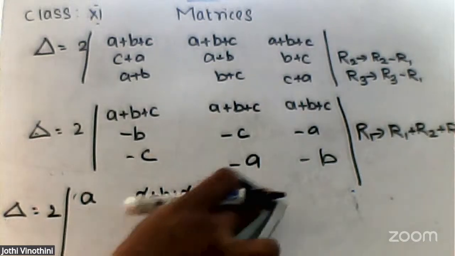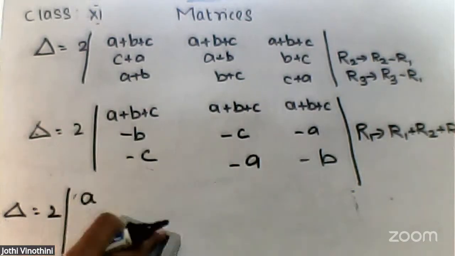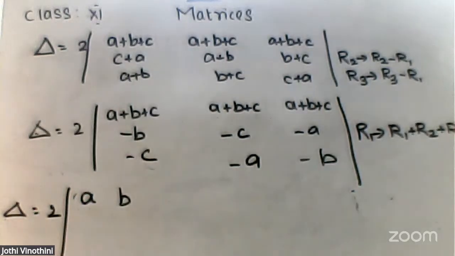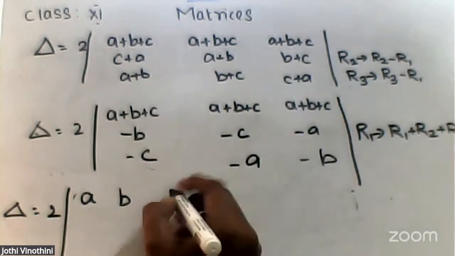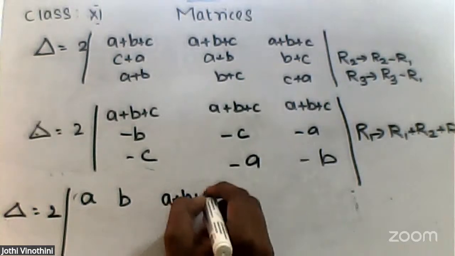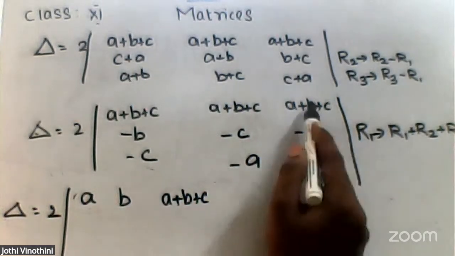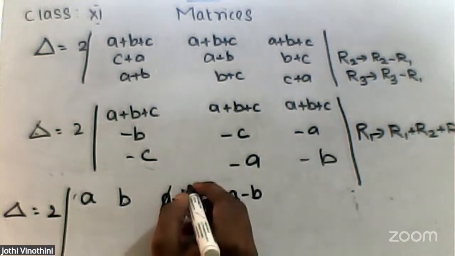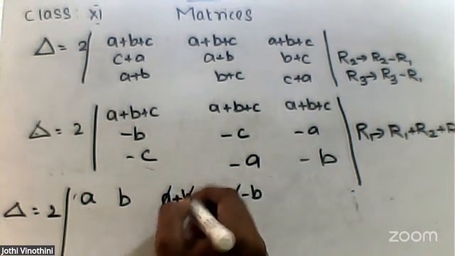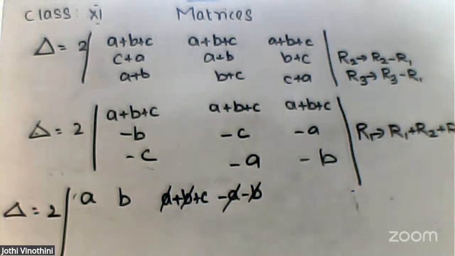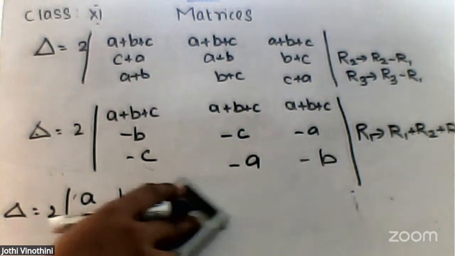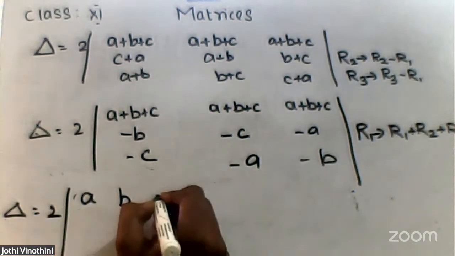B. So I am writing B in place of this. What is the last term? This is also A plus B plus C. So we are going to add all of this, so it becomes minus A minus B. So plus A minus A will cancel, plus B minus B will cancel. We will have C alone. So it will be C.